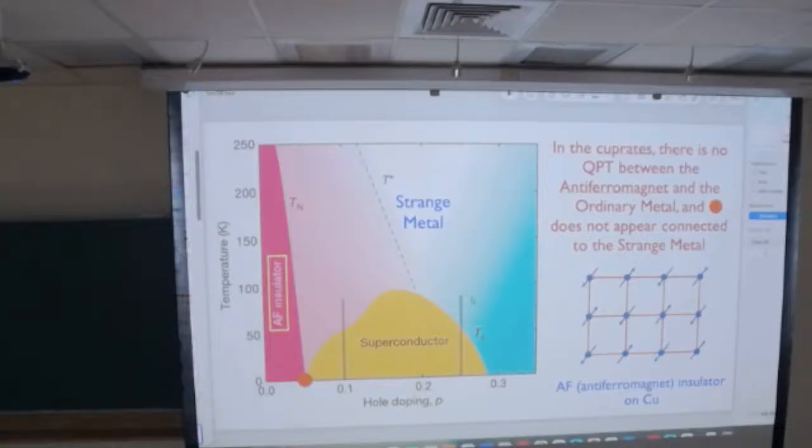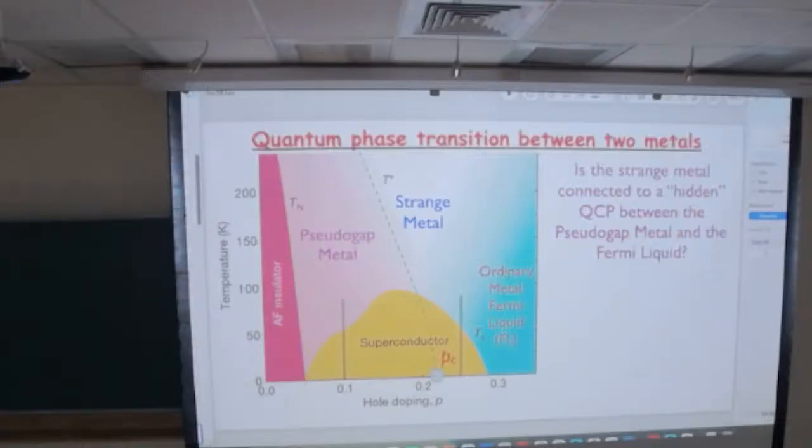Okay, so what is going on? Well, the proposal that we made is that there is a QCP at this p equals pc, but it's hidden. And it's a QCP not between the antiferromagnet and the Fermi liquid. It's between this pink region here, which is called the pseudogap metal.